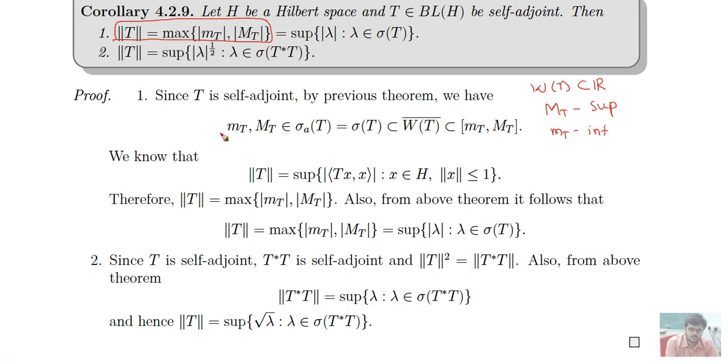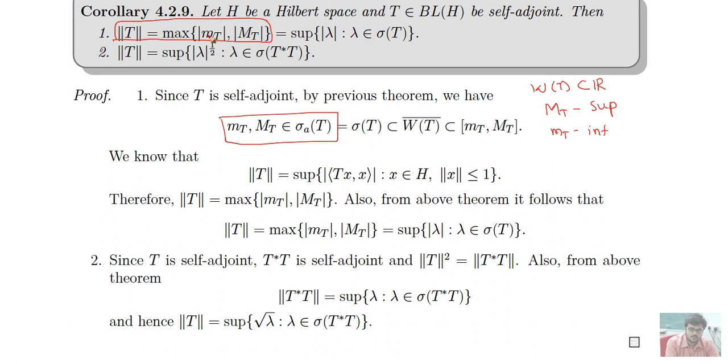And these two things to remember, right? That norm T is the maximum of mod of m(T) and capital M(T), and both the infimum of the numerical range and the supremum of the numerical range belong to the approximate eigenspectrum. So just remember this. You have the notes, you can keep it open and refer to that.